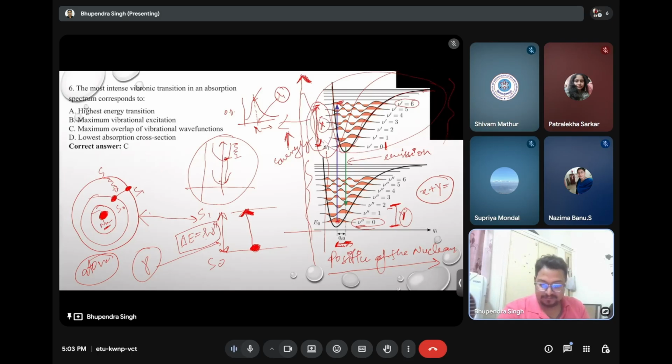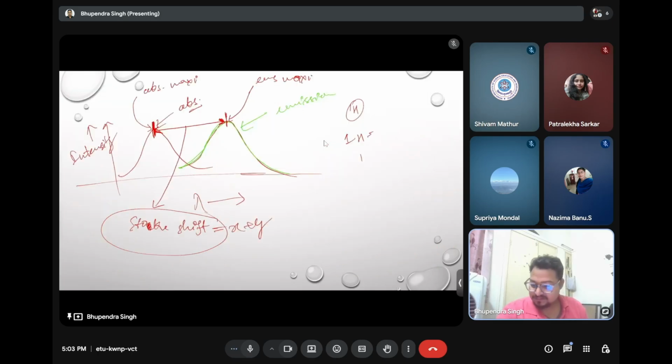Anyway, we have discussed a lot about this. Let's come back to the question. The most intense vibronic transition in the absorption spectrum corresponds to, this we have discussed.